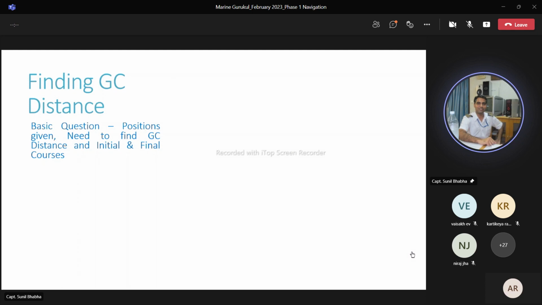So the information given to us are the initial and final positions, their coordinates, that is latitude and longitude, and the items we are required to find out are number 1, the great circle distance, and number 2, the initial and final courses. So let us see now how we obtain these required items using the principles of spherical trigonometry.